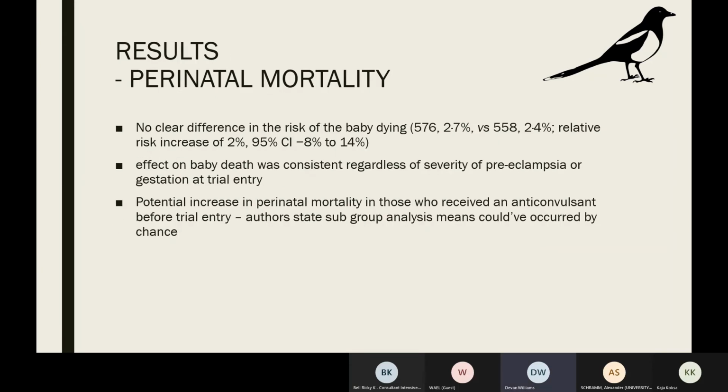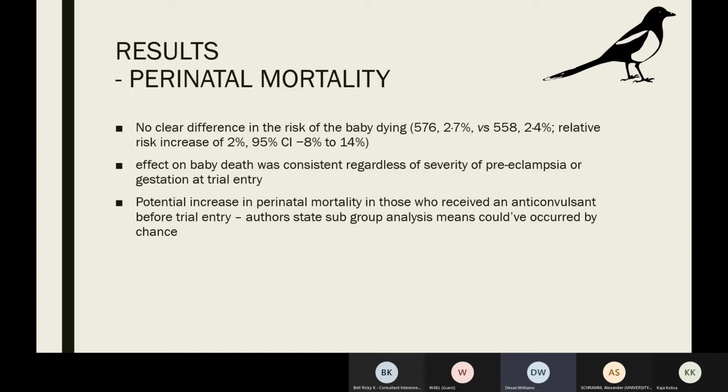From the perinatal mortality side of things, the findings were the same. There was really no change to the risk of the baby dying, with a very non-significant relative risk increase of 2%, and the effect on death was regardless of severity of preeclampsia or gestation at entry.